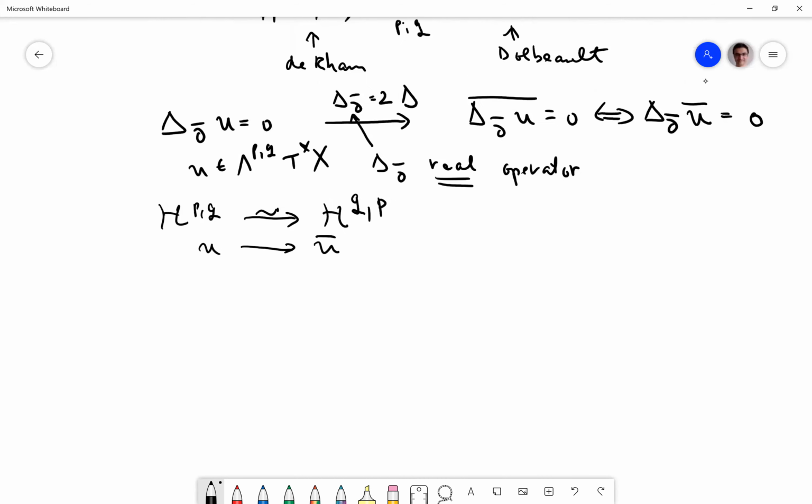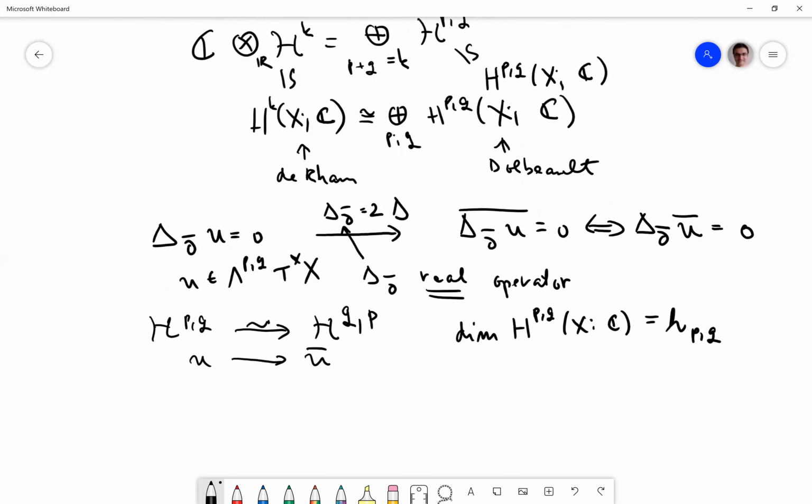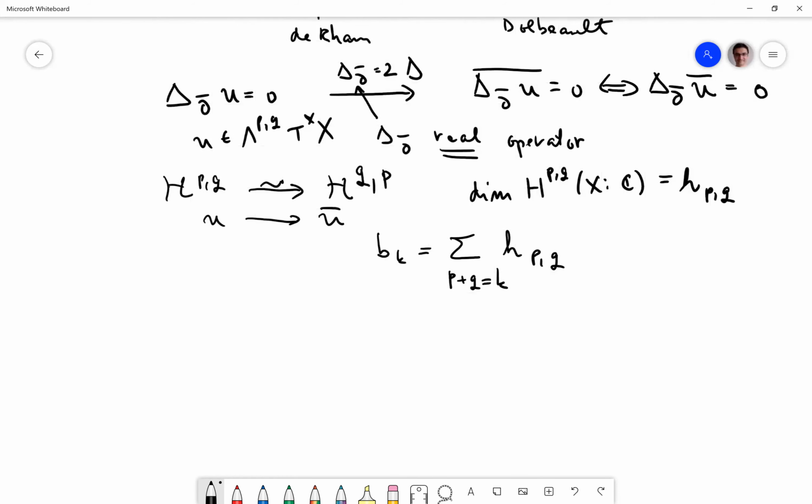Now, the analog of Betti numbers are Hodge numbers. So the dimension of Dolbeault cohomology is h^PQ, small h. The de Rham decomposition tells us that, taking complex dimension, the kth Betti number is the sum of the Hodge numbers h^PQ, where P plus Q is equal to K. Now, here's an interesting fact.